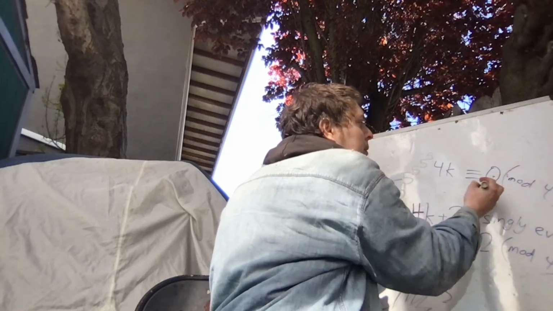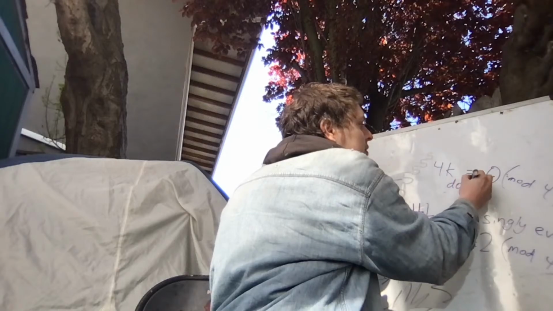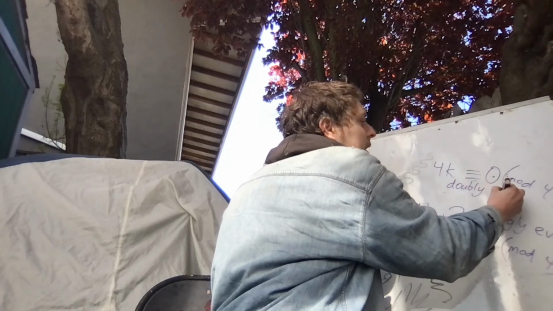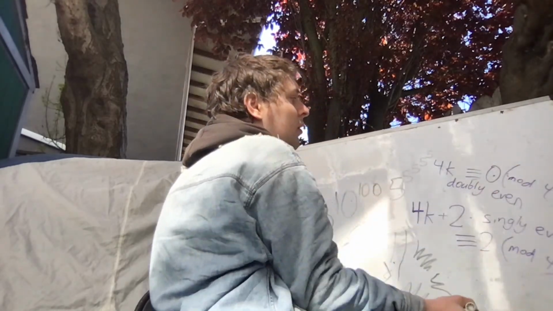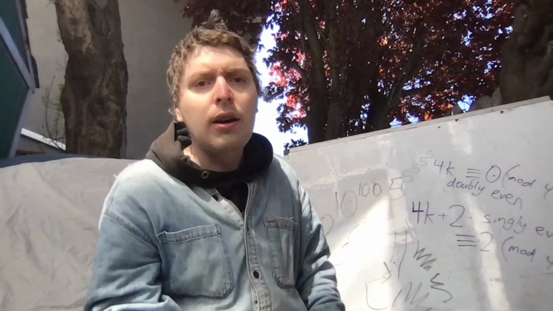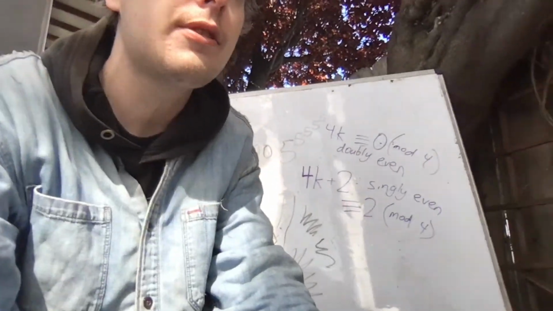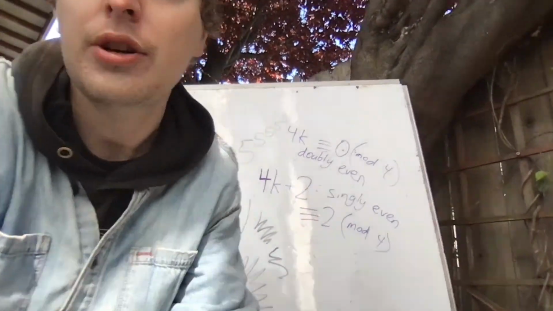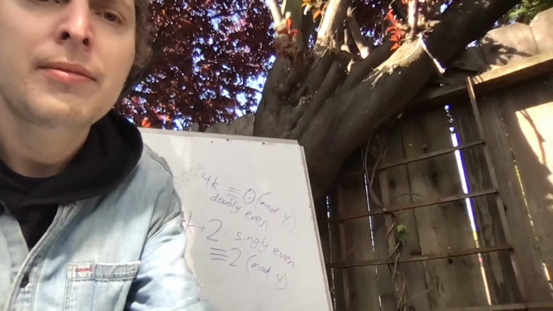And remember that the doubly could be triply or might not. Both the nicknames and the terms here are ambiguous as to whether it's divisible by 8. We just know it's for sure divisible by 4.